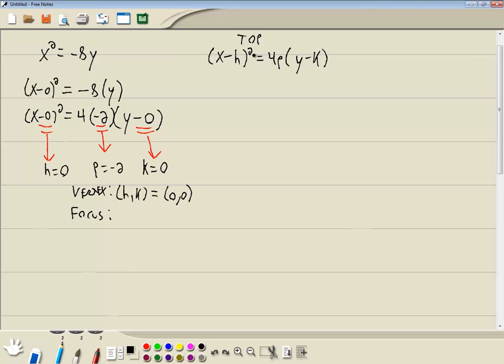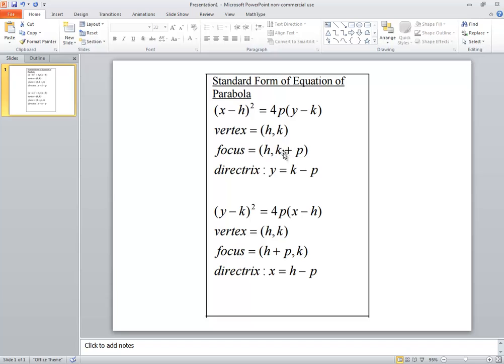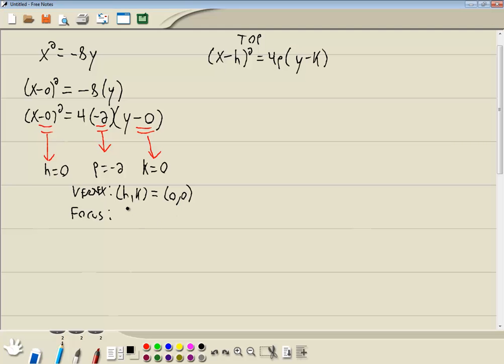Now our focus. Remember, we're using the top formulas. That tells us our focus is (h, k plus p). Well, h is 0, comma, k is 0 plus p, which is negative 2.